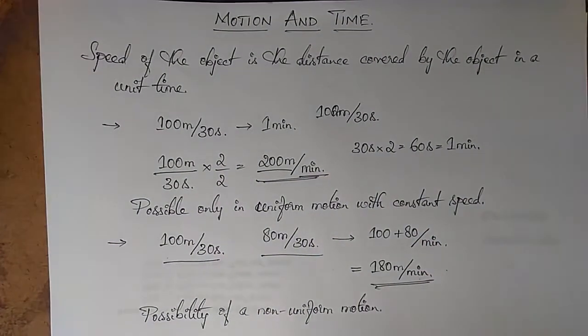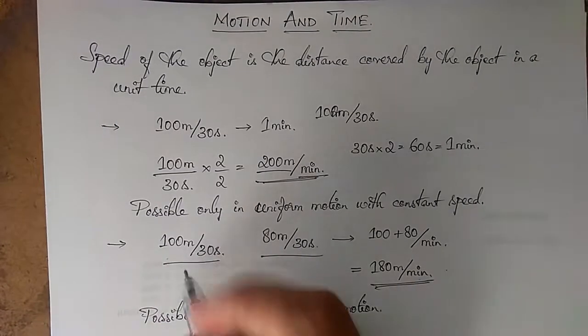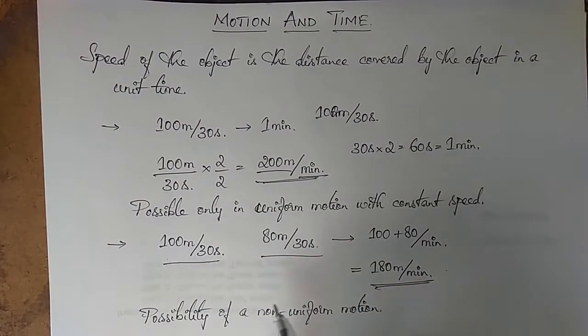But in the second case, we observed two speeds in a single lap of a race, that is, 100 meters per 30 seconds for the first half of the minute and 80 meters per 30 seconds for the second half of the minute, because of which we cannot use the term speed for the overall 1 minute. Thus, to avoid this problem of variation in the type of motion, in particular non-uniform motion, we take average speed of the object as standard.